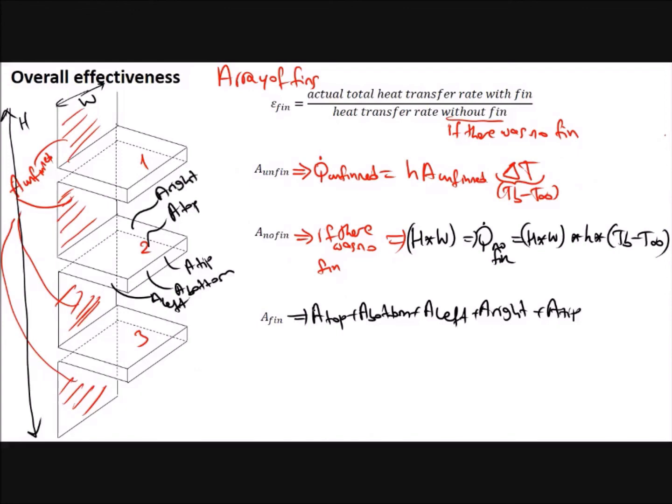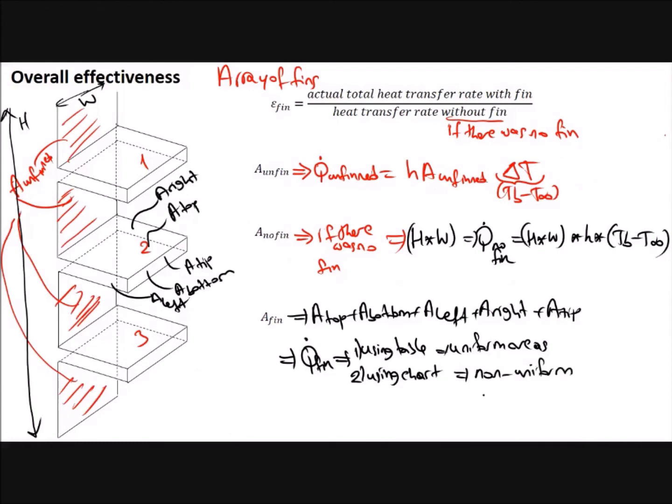You add them up and you will have the fin area, and then Q dot fin will be found using a table or a chart. If you use a table, it is best for uniform area. If you use a chart, it is for non-uniform area, because the chart makes non-uniform areas easier, and the table makes uniform areas easier.